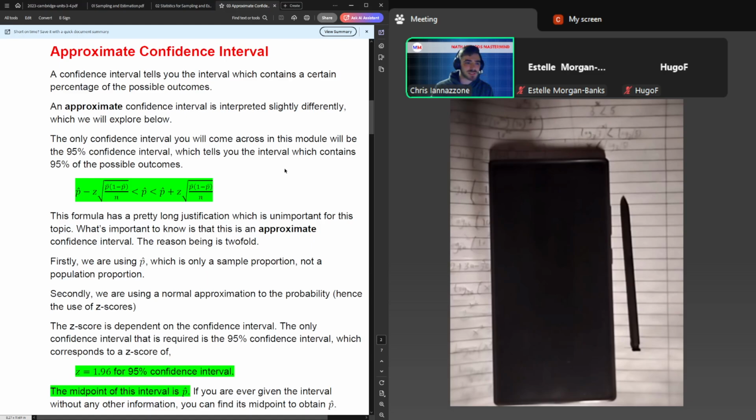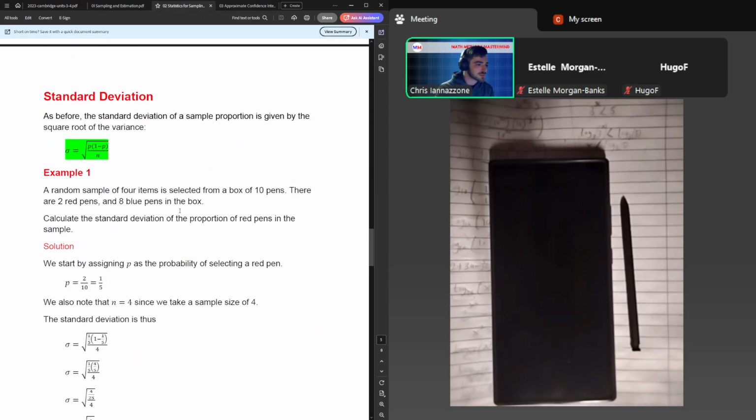So for instance, let's say we use the previous example. A confidence interval would tell us that we are some % likely that there's going to be anywhere between 1 and 3 red pens in this sample of 4. It gives you some sort of upper and lower bound of what's likely to occur in any given sample.